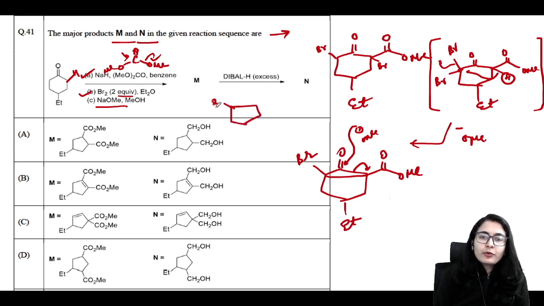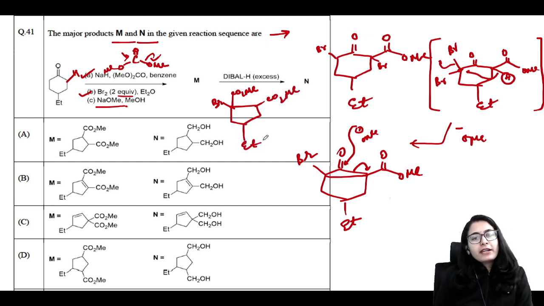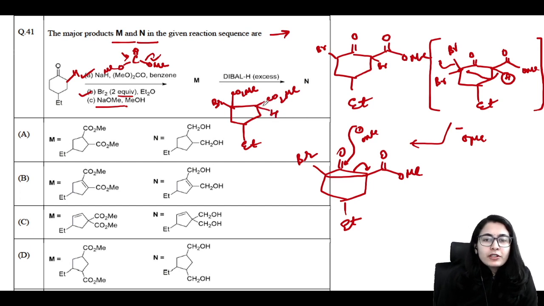You have one bromine over here, one CO2Me and another CO2Me over here and one ethyl. And one more base molecule can give you elimination like this, so that you can get this as the final product.